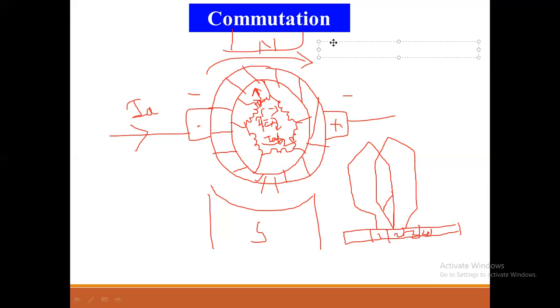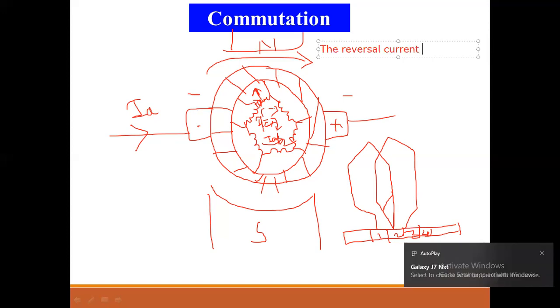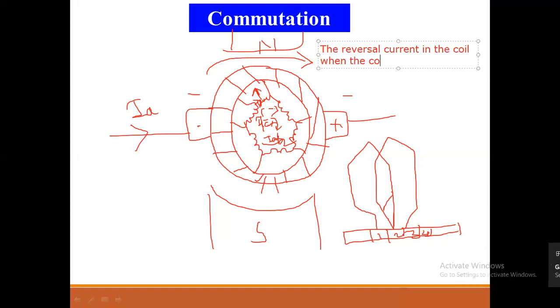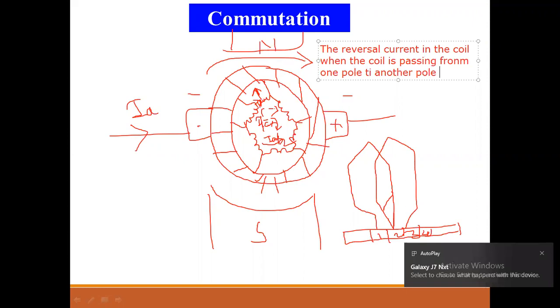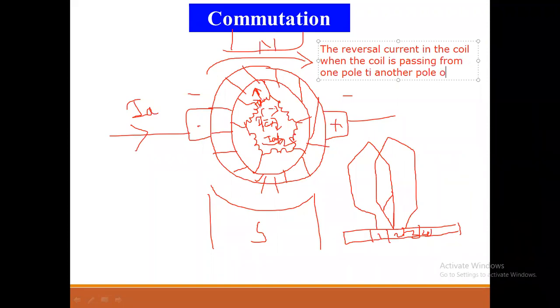See, I am writing here the definition, that is: the reversal of current in the coil when the coil is passing from one pole to another pole, or one brush to another brush.